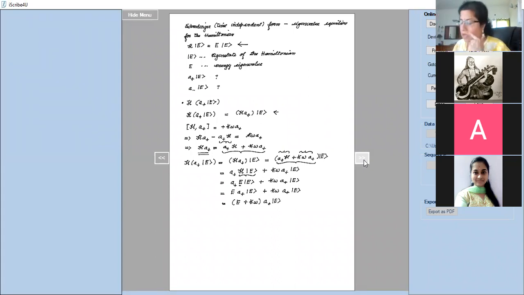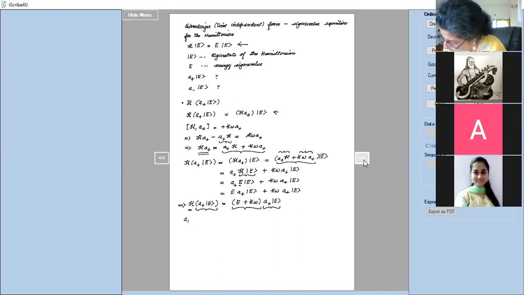Now I'm going to write down the LHS down here. Please pay attention to this. The Hamiltonian acts upon this wave function A plus of E. And what does it give you? It gives you a number, which is E, the original energy, plus H cross omega into the same wave function A plus of E. What does it tell us?